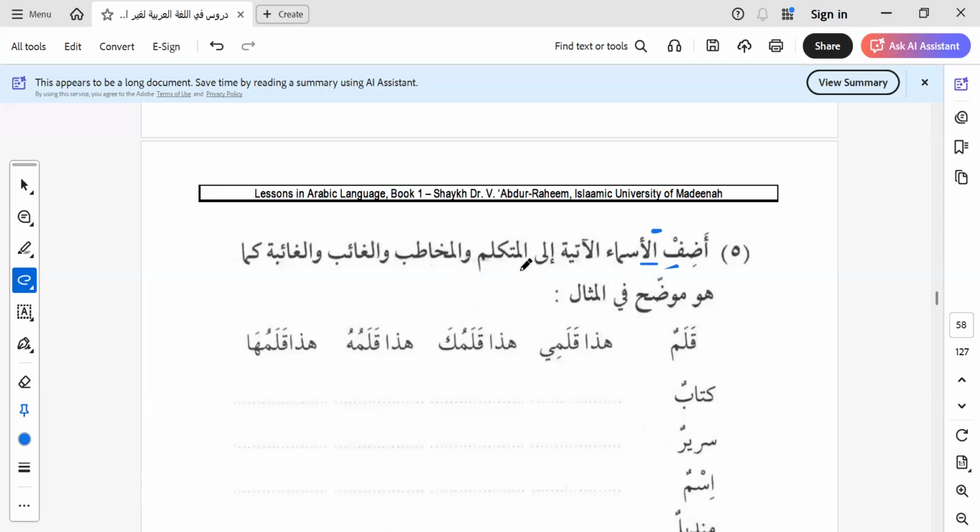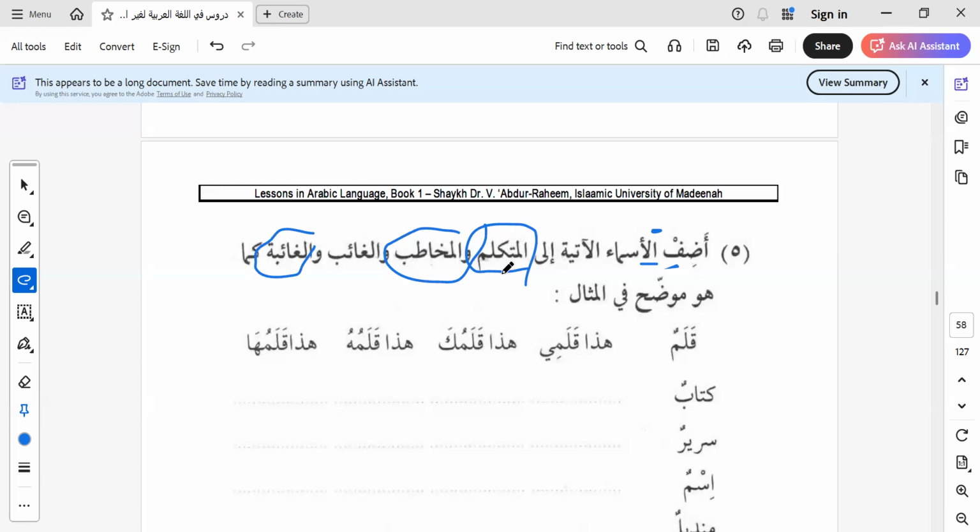Please take note of these terminologies. المتكلم, ضمير المتكلم, or you simply say المتكلم, first person pronoun. المخاطب, second person pronoun. الغائب, third person pronoun. And you have al-ghaiba, which is a feminine name, for the feminine, so third person feminine.